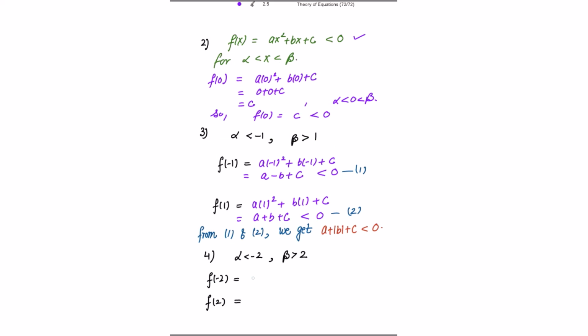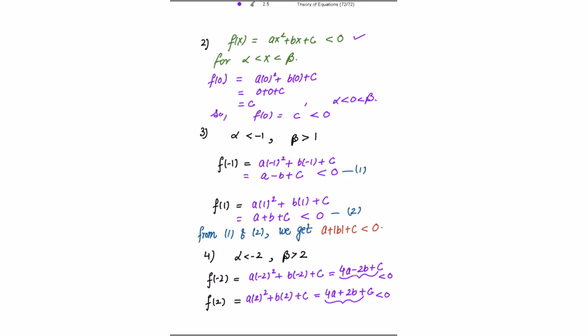F of -2 is a into (-2) square plus b into -2 plus c, that is equal to 4a minus 2b plus c. And what is f of 2? It is a into 2 square plus b into 2 plus c, that is equal to 4a plus 2b plus c. Now this is strictly less than 0 and this is also strictly less than 0 according to the remark.